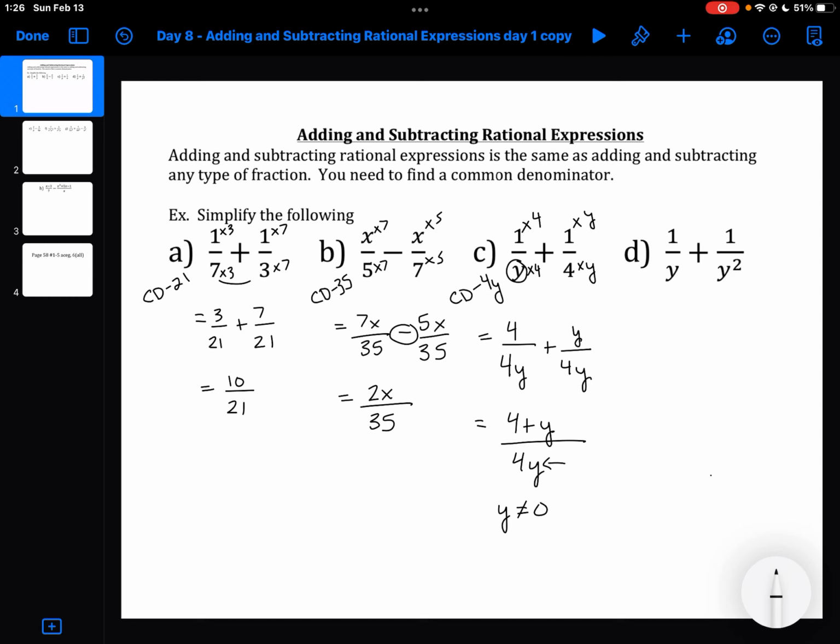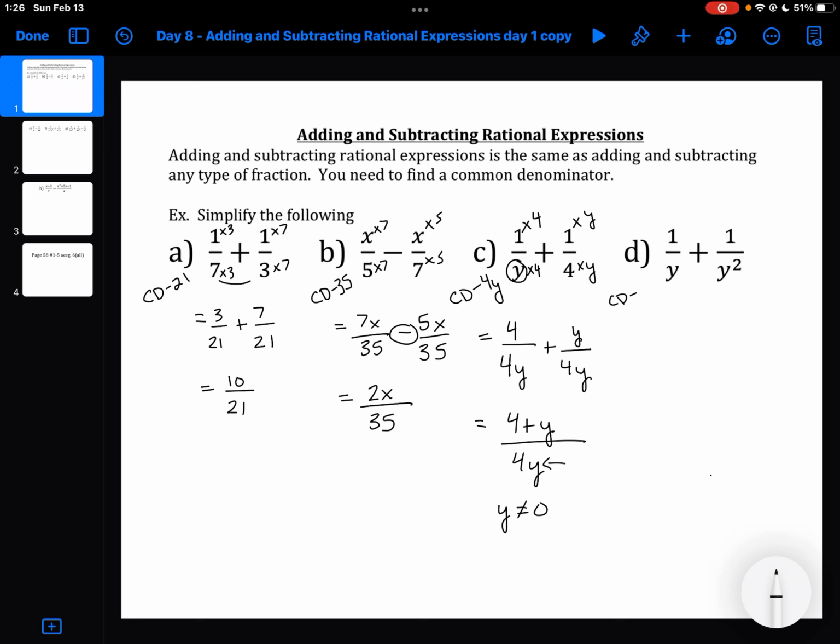Let's take a look at the last one, where we've got a y on the denominator of the first fraction and a y squared on the denominator of the second fraction. To find my common denominator, I could just multiply them together to give me y cubed, which would work.